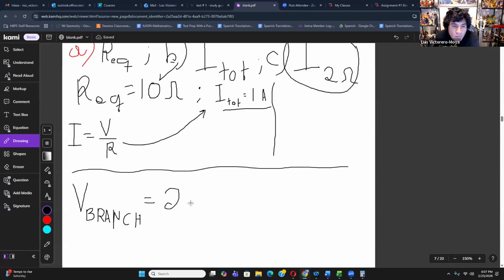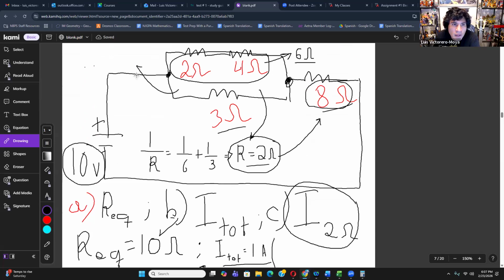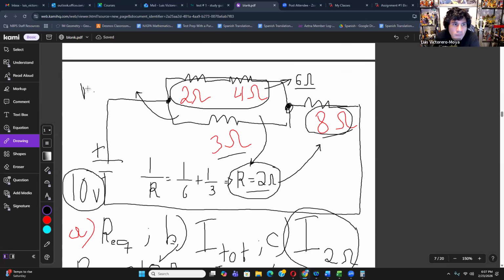So 2 volts. Again, this is the branch, okay? It's like a small circuit inside another circuit.